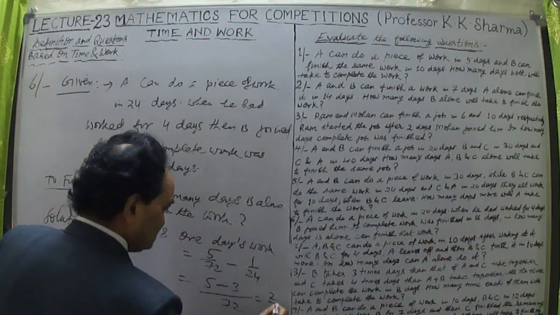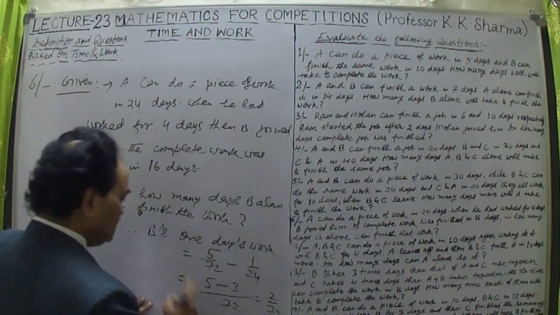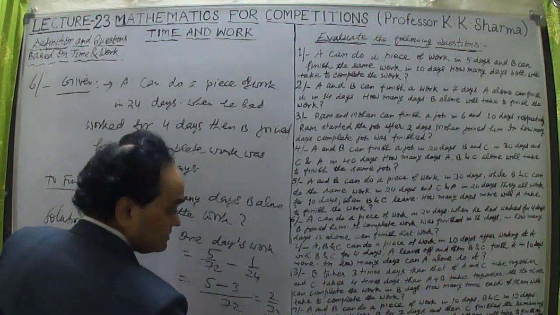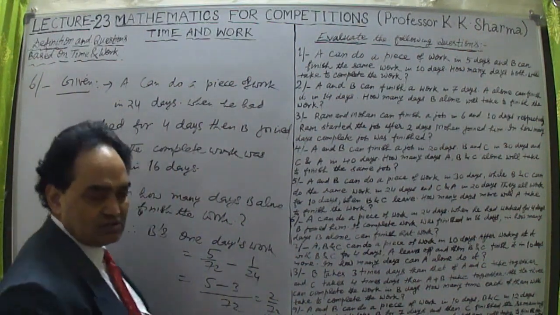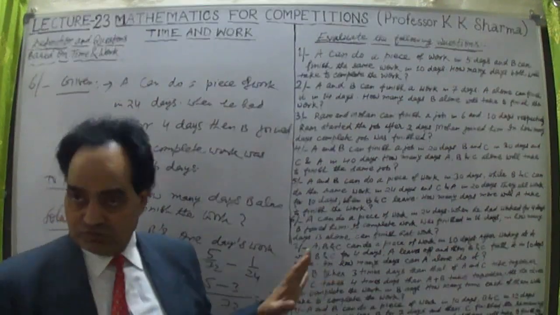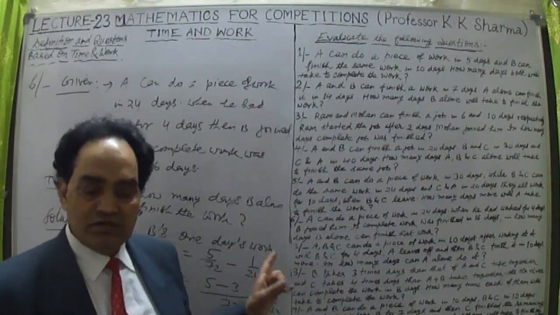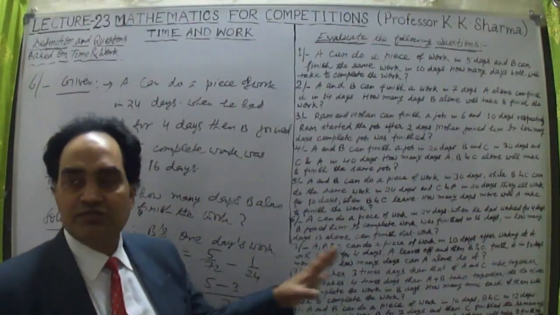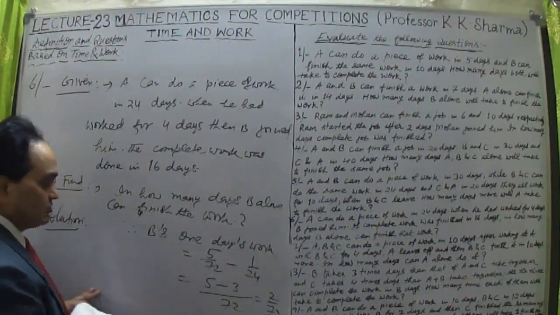This is 2 by 72, that means 1 by 36. B's rate of work is 1 by 36. In 1 day he can complete 1 by 36 of the work, that means 36 number of days.